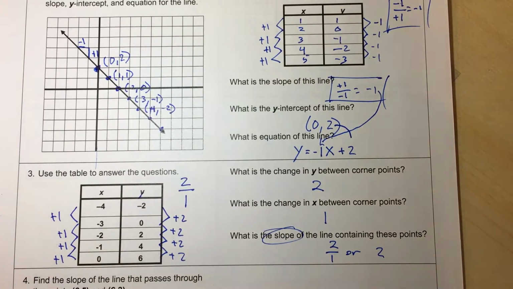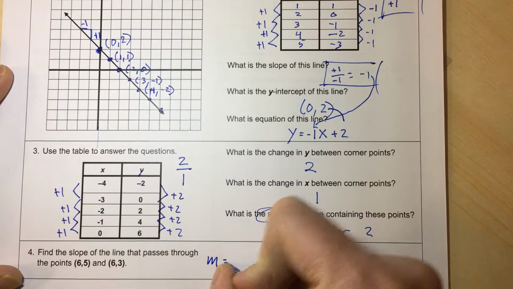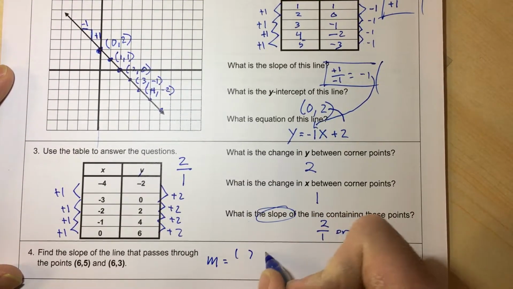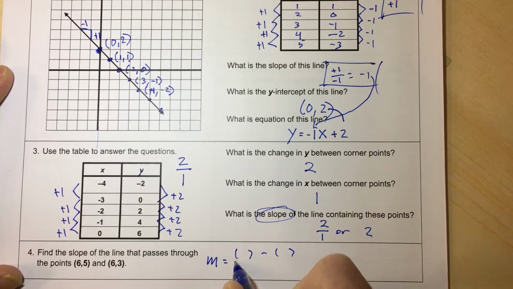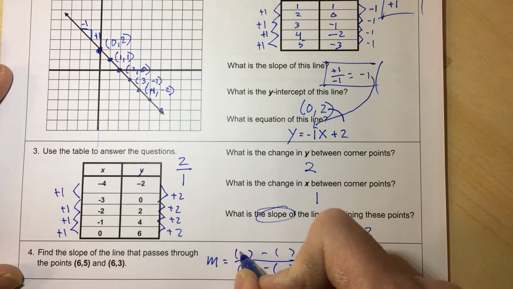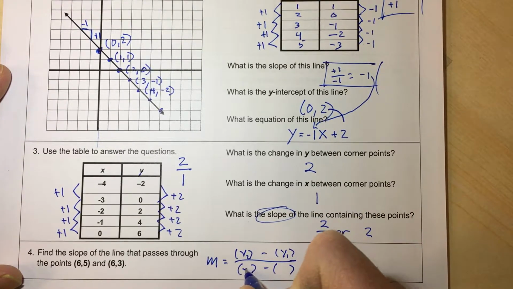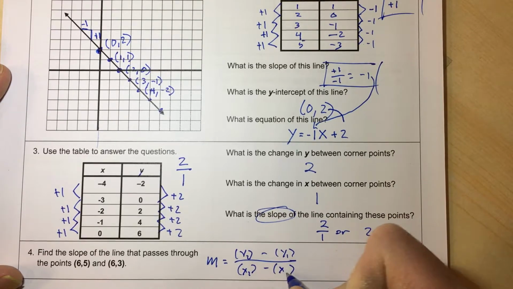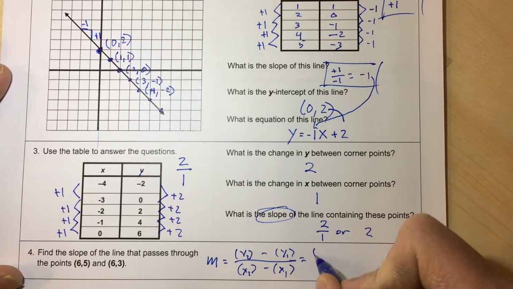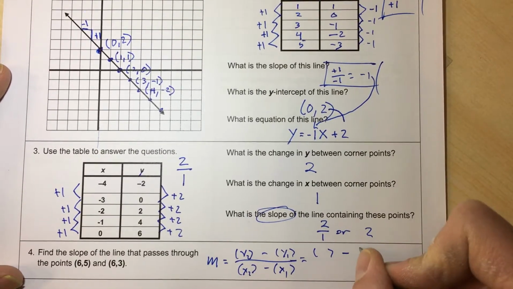Okay, so our last one here, you are going to use this formula. The slope formula is the same type of thing that we're doing. It's just written in a different form, and we have y2 minus y1 over x2 minus x1. The way I like to do this one is, some people try to do the y's and go back and forth, and then they forget the order they're in.